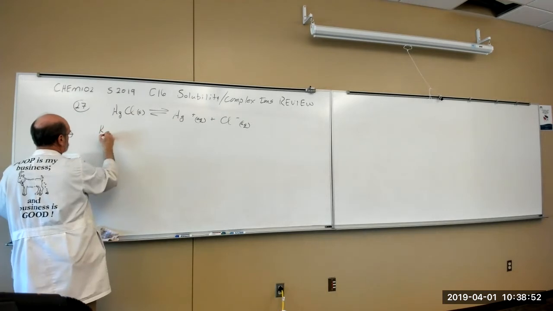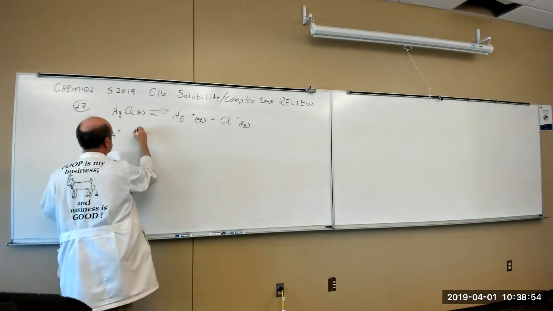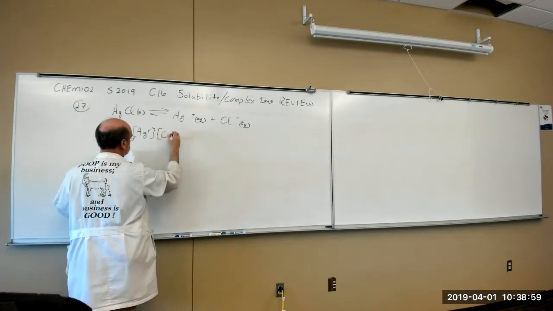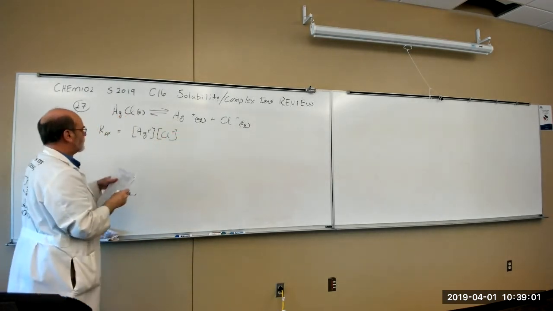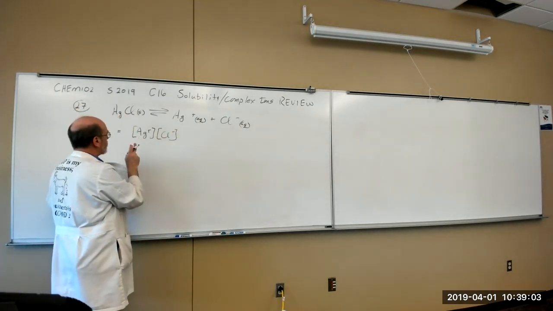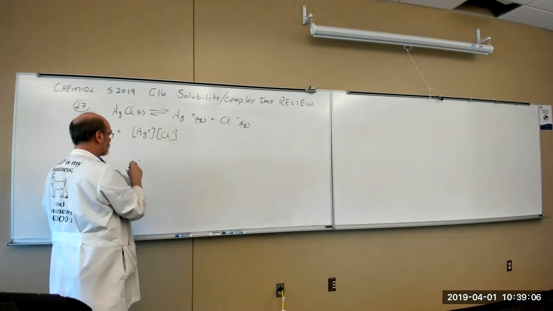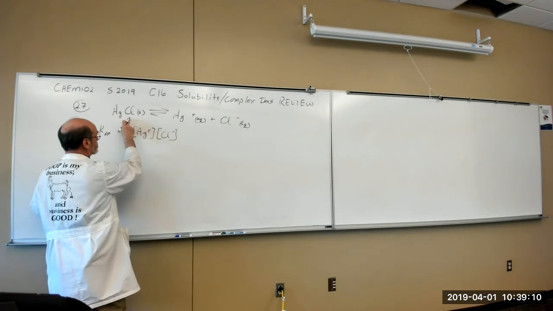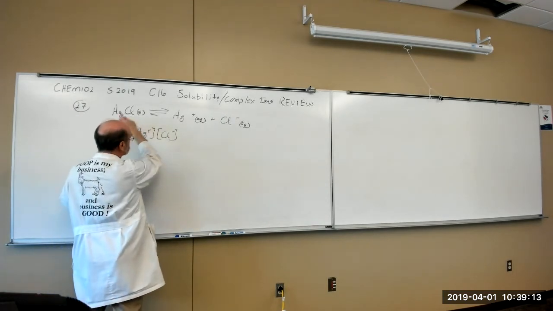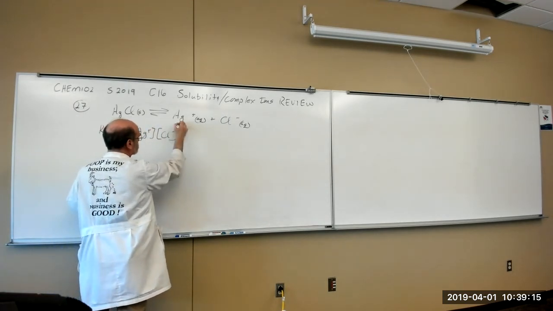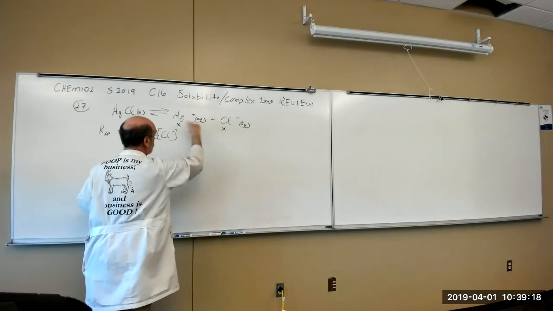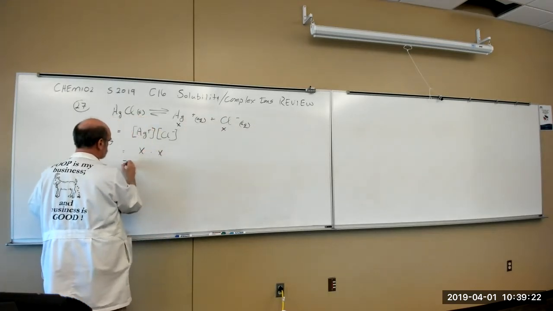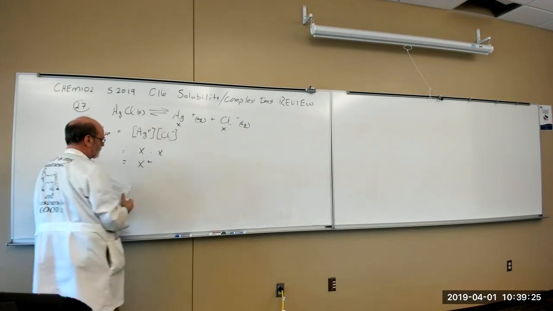The Ksp is going to be silver times chloride. If you know the solubility, do you know any part of this value? Yes. If this is X, and that's X, since they're 1 to 1, you will have X times X, which is equal to X squared.